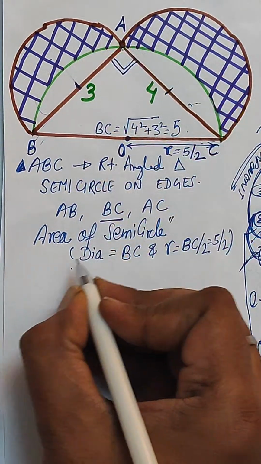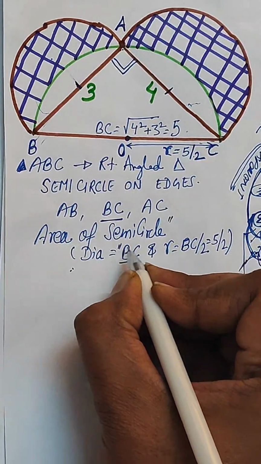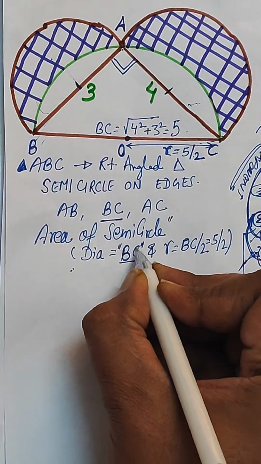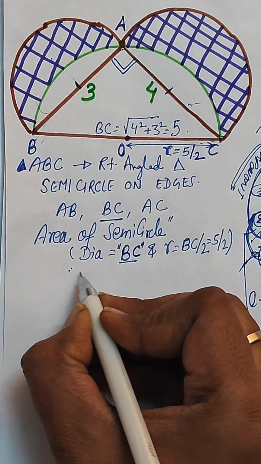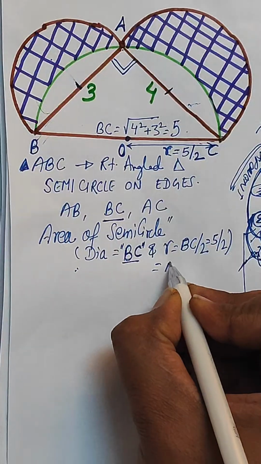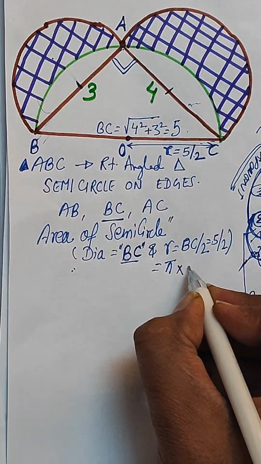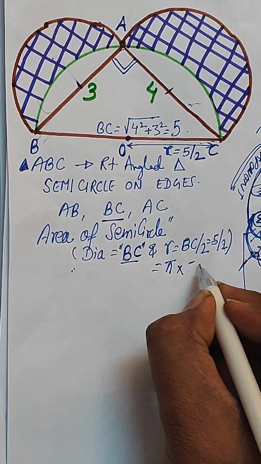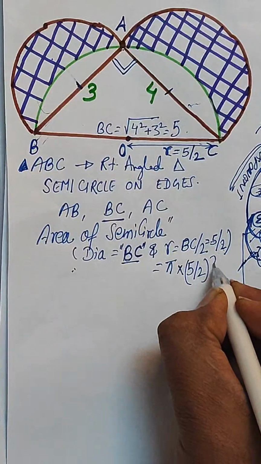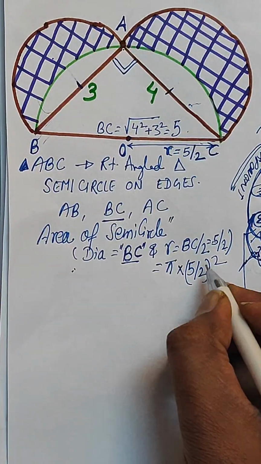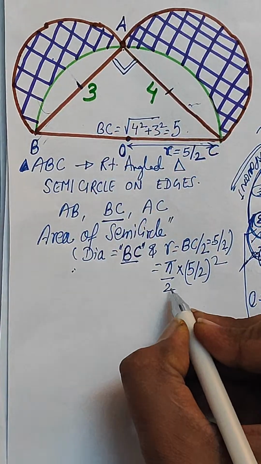Okay, so the area of this semicircle with diameter BC can be written as equal to pi into r square, that is 5 by 2 is the radius, right? This is the area of the circle, but it's a semicircle, so this will be divided by 2.